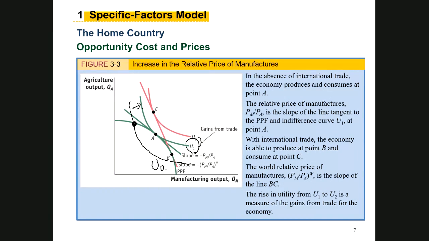So this point is supposed not to be the optimal point. And what about here? In the autarky world, why can this point not be achieved? It's simply because this point is outside of the production frontier. It's not achievable, right?